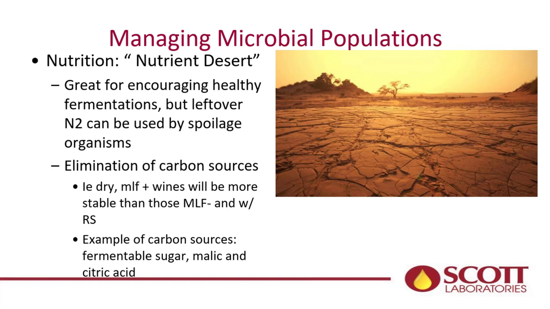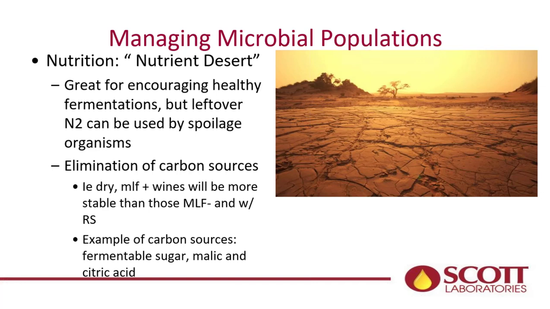If you have a dry malolactic positive wine, there are a lot fewer carbon sources that spoilage organisms can use compared to something like a Beaujolais Nouveau that hasn't been through ML and still has a little bit of residual sugar. That has a much higher risk associated with it for it to go through some sort of spoilage.